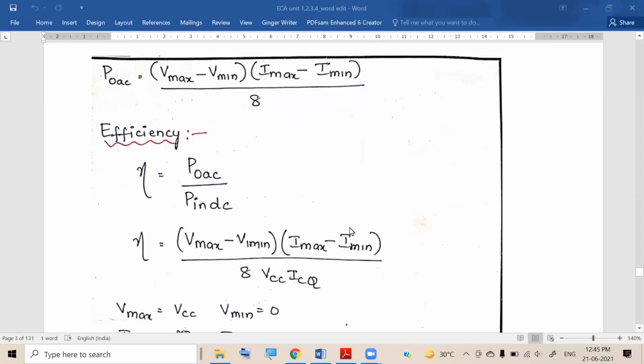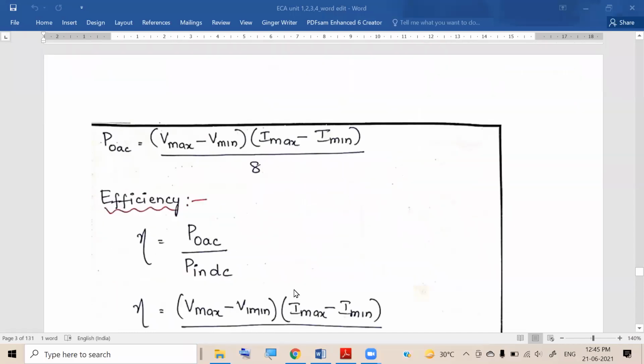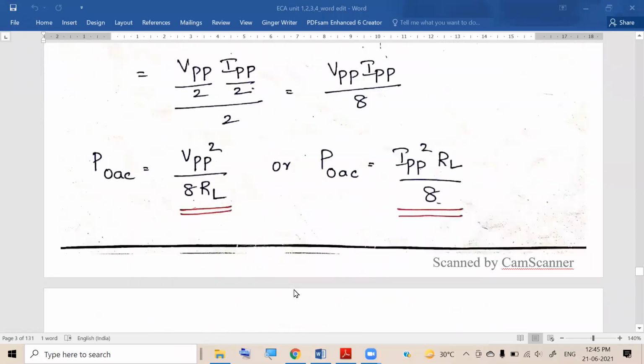Whether you are studying class A, class B, or class AB, in any derivation, this is the standard formula we will use as long as we are studying power amplifiers: efficiency is output AC power by input DC power. Now let us see what the output AC power is.